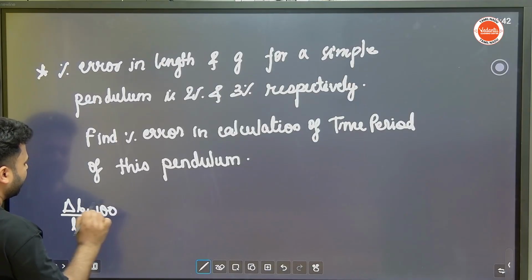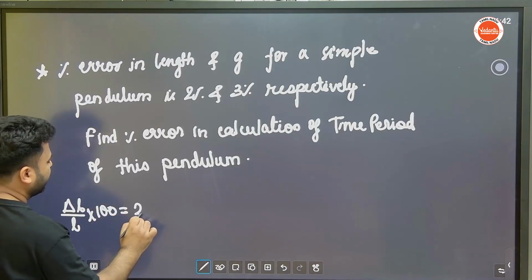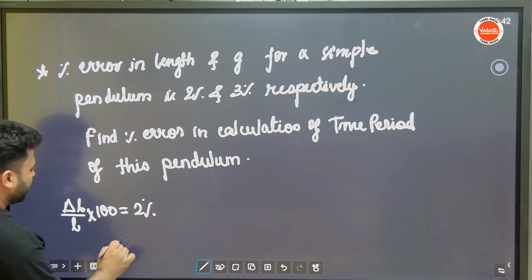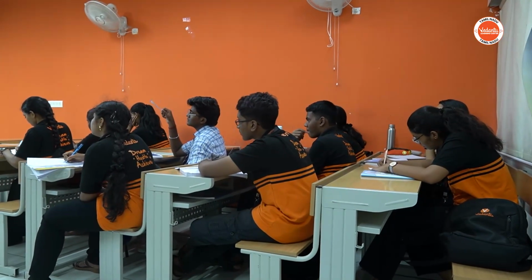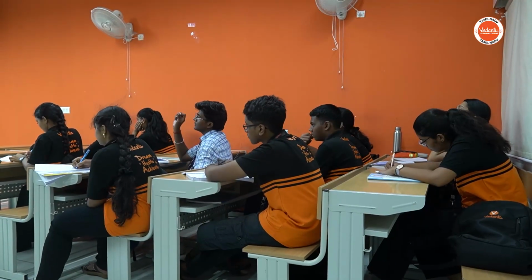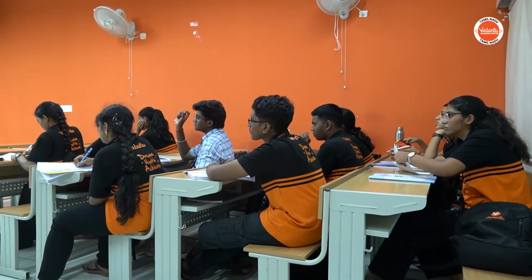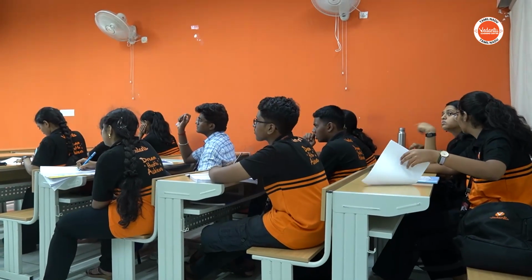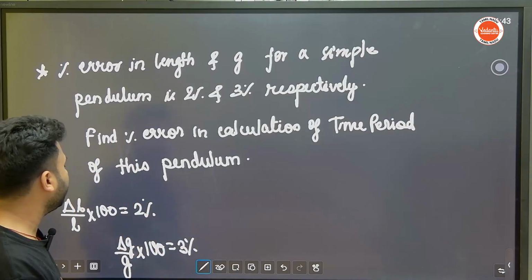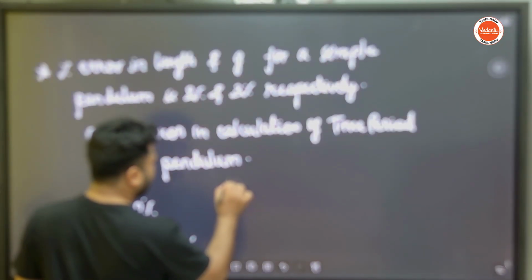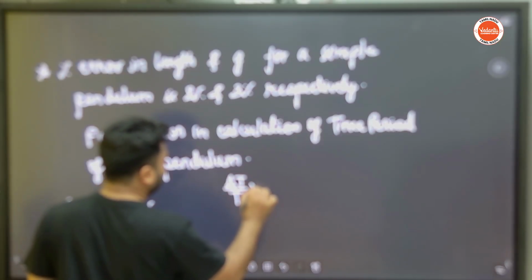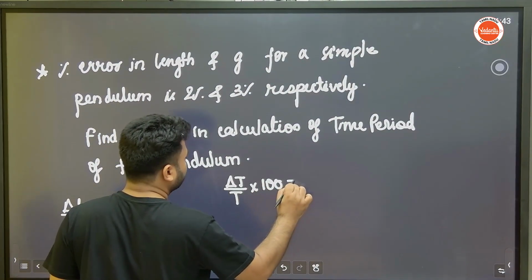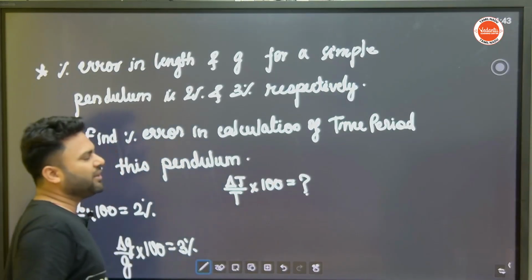This is 2%, and percentage error in gravity, delta G by G, is 3%. Find percentage error in the calculation of time period. Means they are asking what will be the percentage error in time period, delta T by T into 100. First the question should be clear.